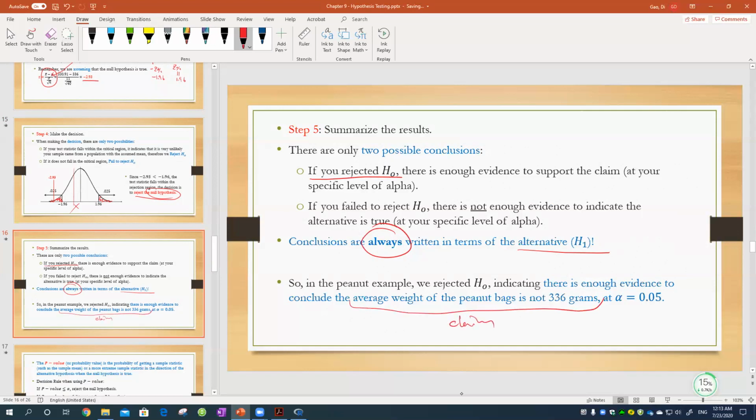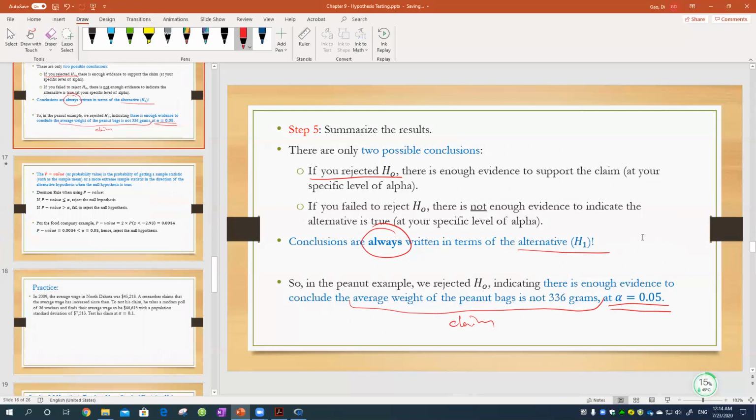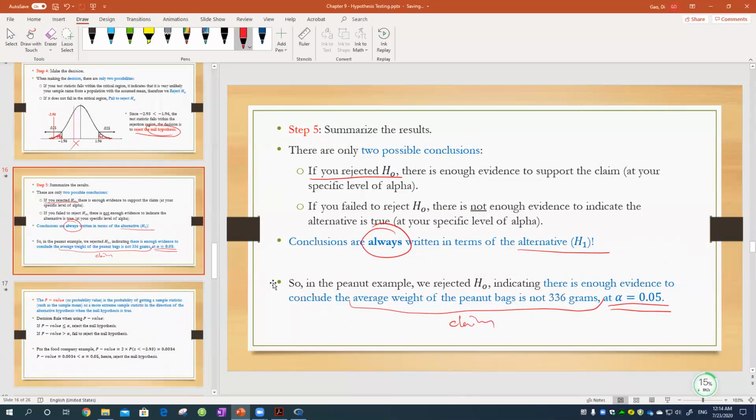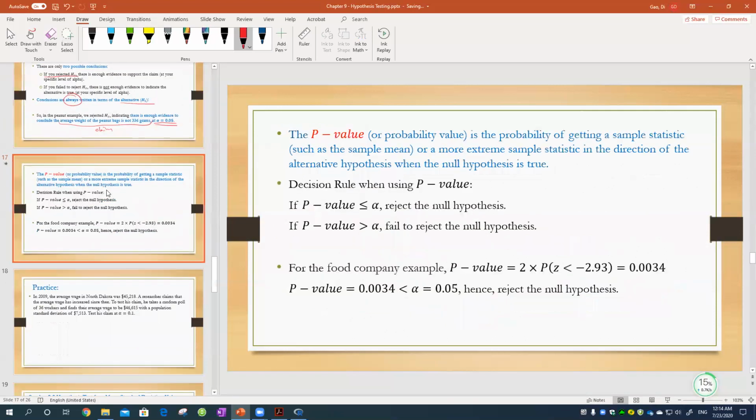We have enough evidence to conclude the claim. Don't forget this one, at a specific level of alpha. So at alpha equals 0.05, the tolerance for the type 1 error is 5%. And then we call this whole process the critical value method.